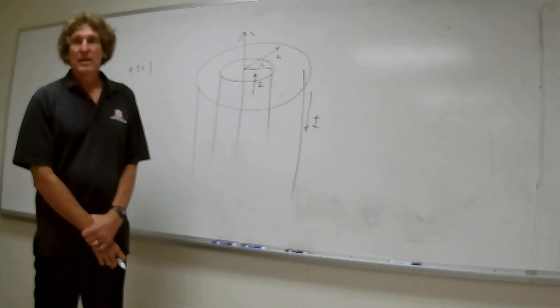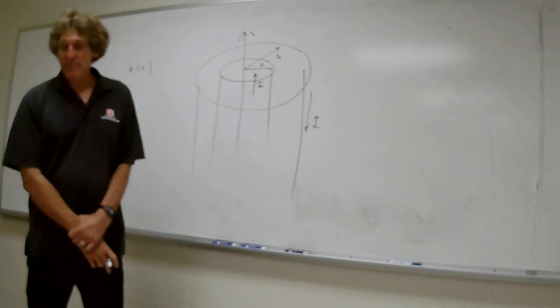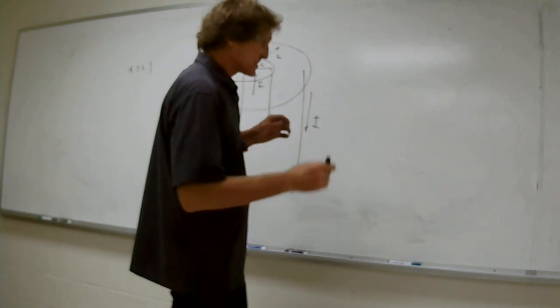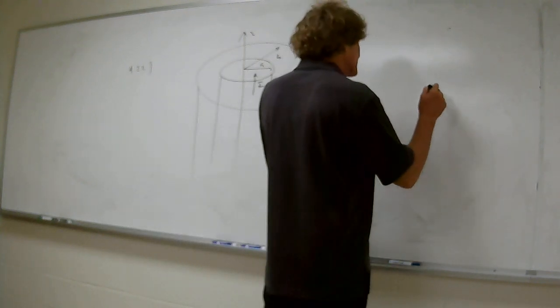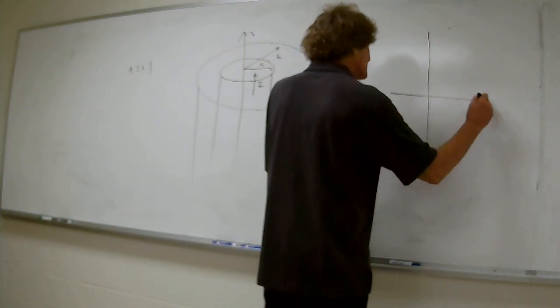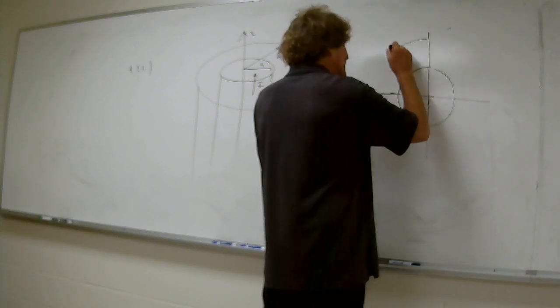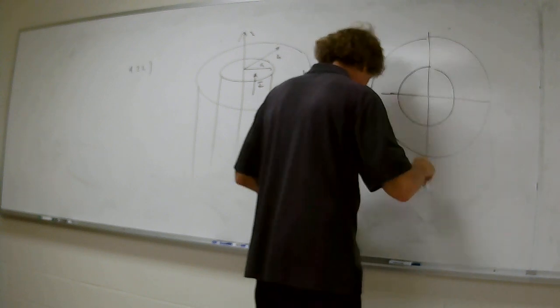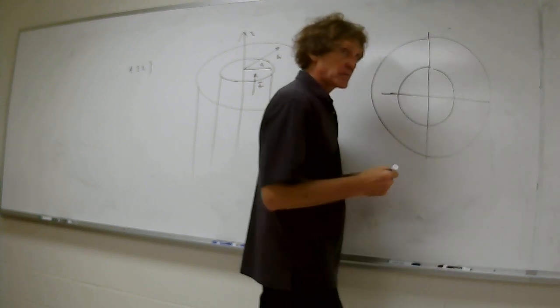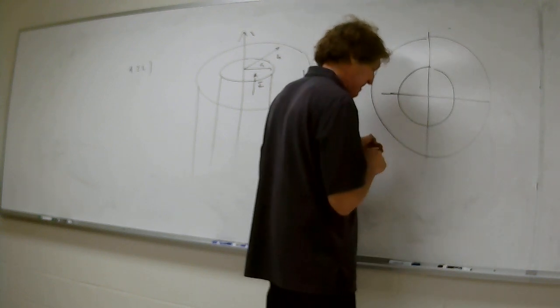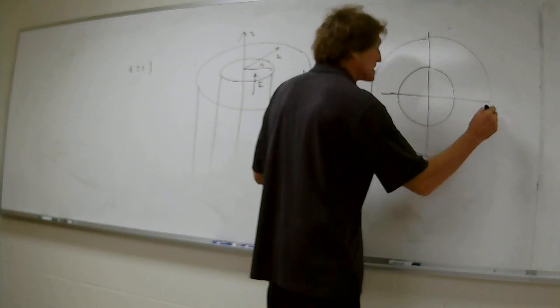No problem. All right, now, here's the way I'm going to talk about this one. If you look at this right down the z-axis, you'll see this, basically. Now, if this is the z-axis coming out of the board, you can call this x, y. It really doesn't matter.